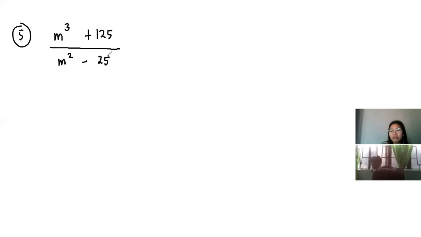Okay? M cubed plus 125, m squared minus 100 minus 25. So what are we going to do on this example? Okay? M cubed plus 25. What will we do?